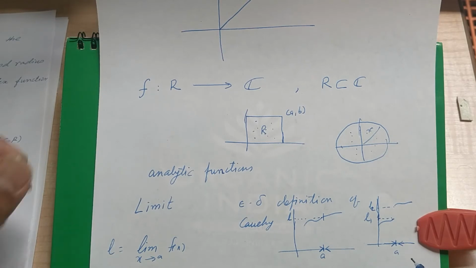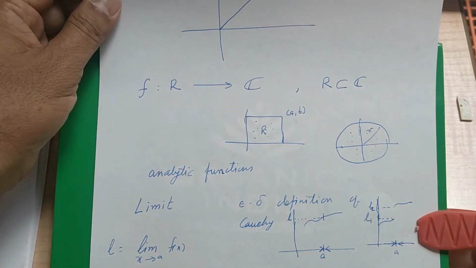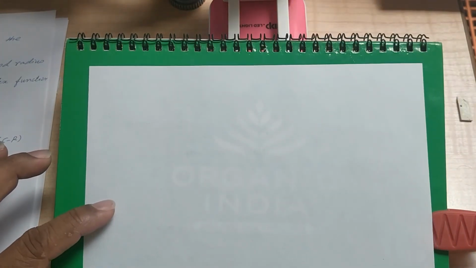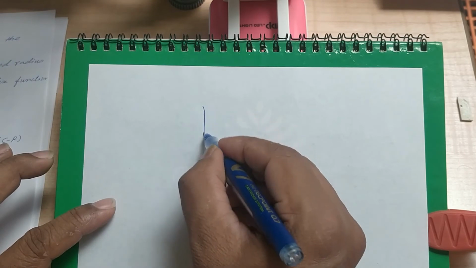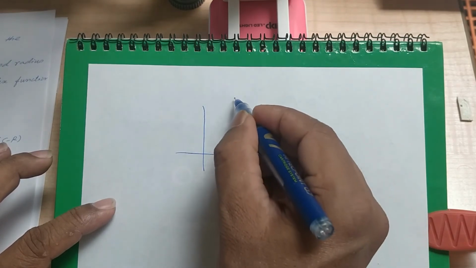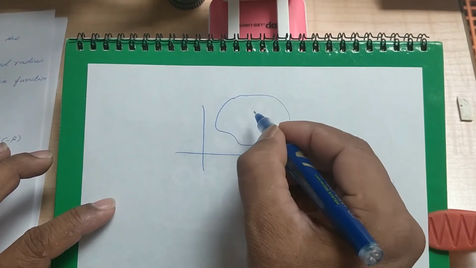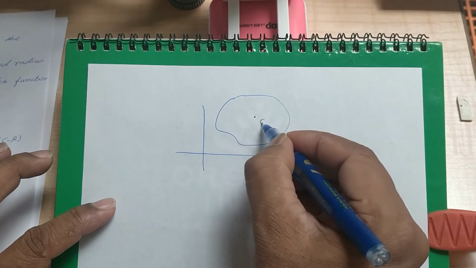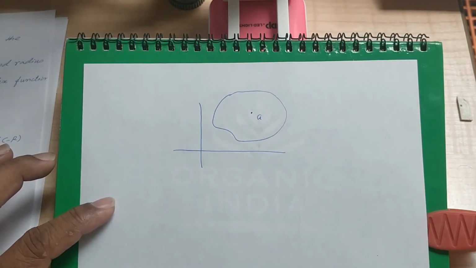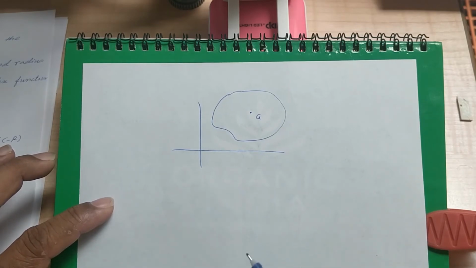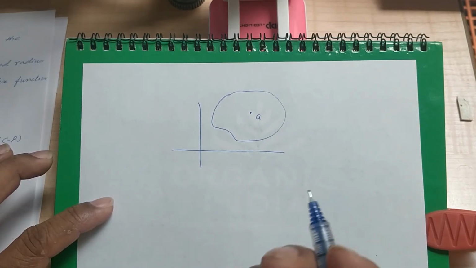What happens in the context of complex functions? In the case of a complex function, let us say that this is the domain, and a is a point in the domain. Whenever we discuss these local concepts, we need some working space.